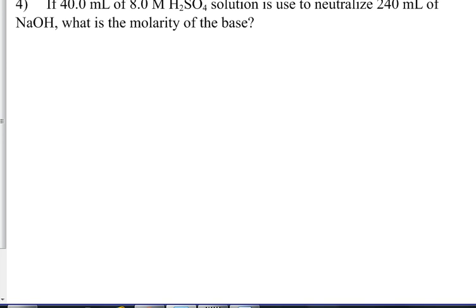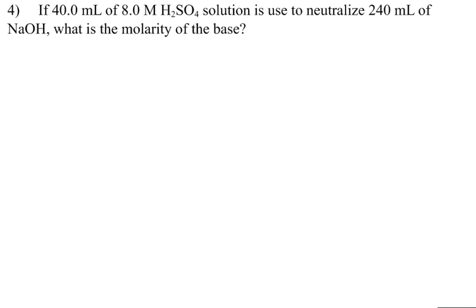Number 4. What we see for number 4 is, let me move this screen here. It's better. Our acid is H2SO4. So here we have an acid with 2 hydrogens, and our base has 1 hydroxide. So now we're going to have to use the equation factoring in the number of hydrogens.